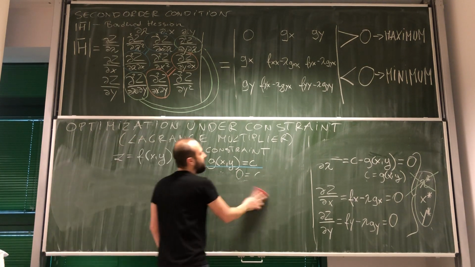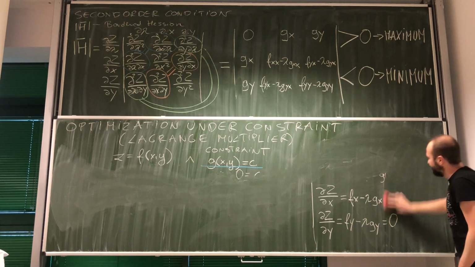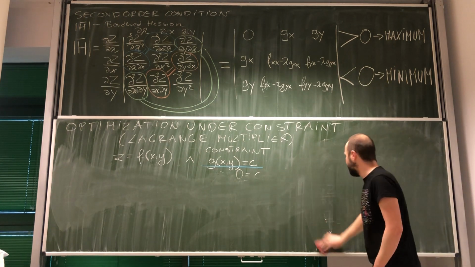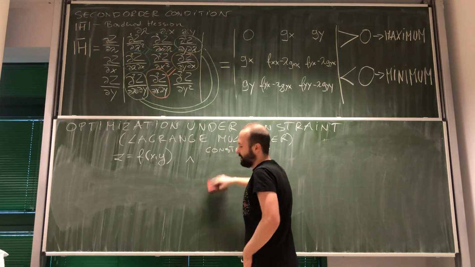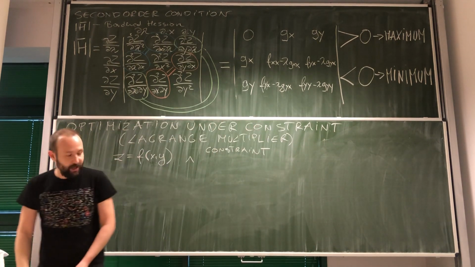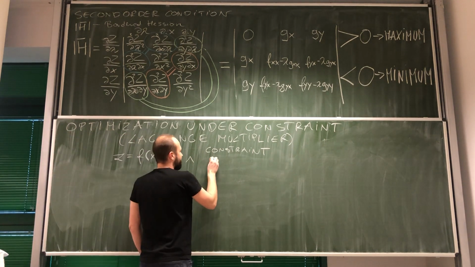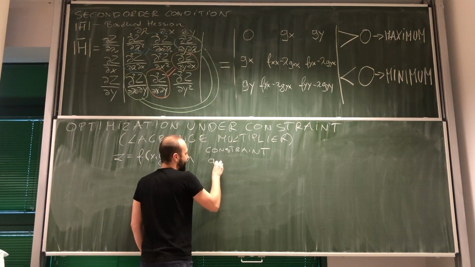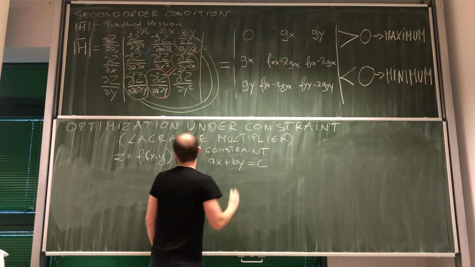So what if we have a linear constraint? Okay, what do I mean by the fact that we have a linear constraint? Imagine that the constraint is in the form ax plus by equals to c.